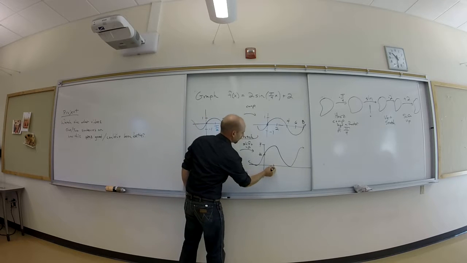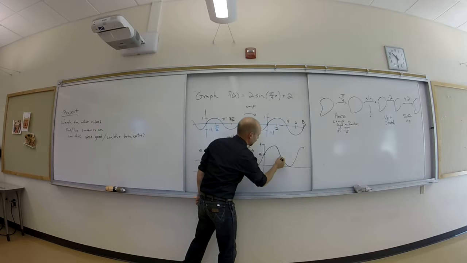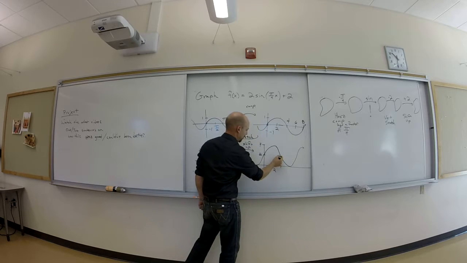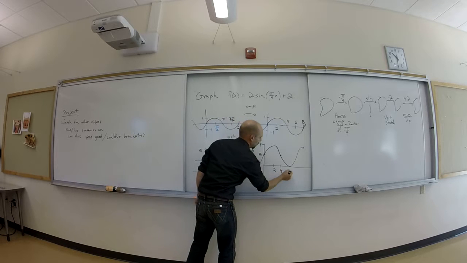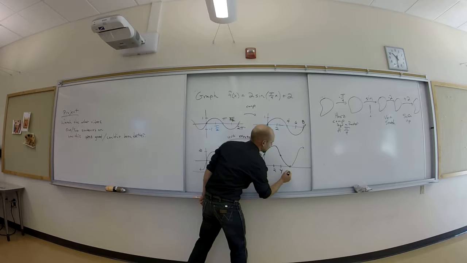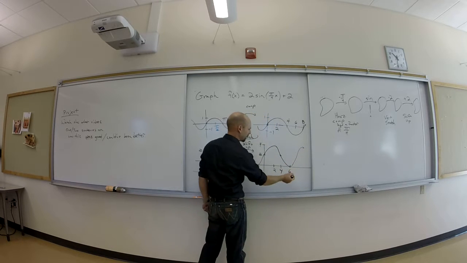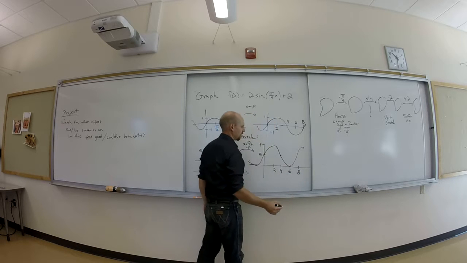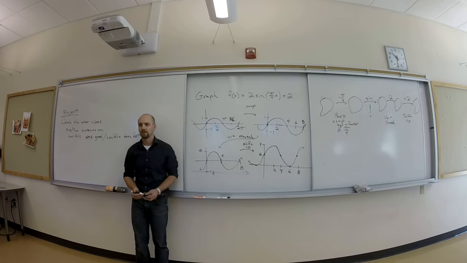Where is this top happening? Still at 2? What's happening here? 4. Yeah, that's going through the point (4, 2), right? Where's this x-intercept now? Yeah, that's now at 6. And what happens at 8? It's in the middle again. It's crossing that line 2 again. You guys see that?